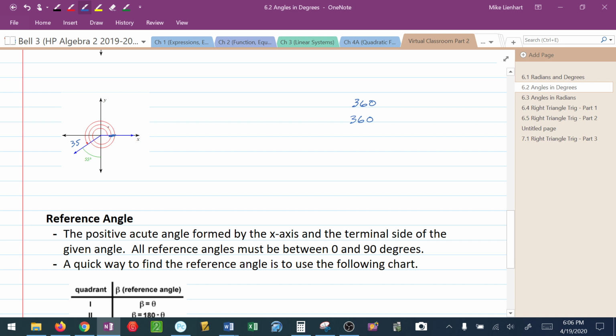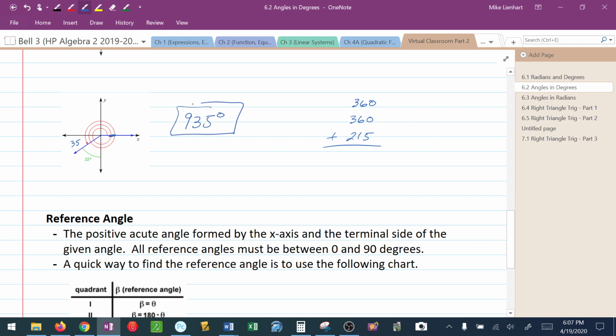On my third loop, I go 90, 180, and 35. 180 and 35 will be 215. If I add those together, I have 360 plus 360 plus 215, or I have a 935 degree angle.